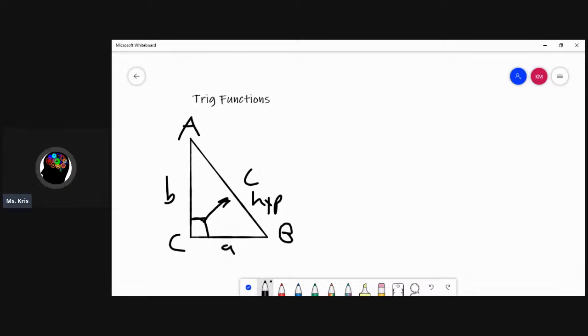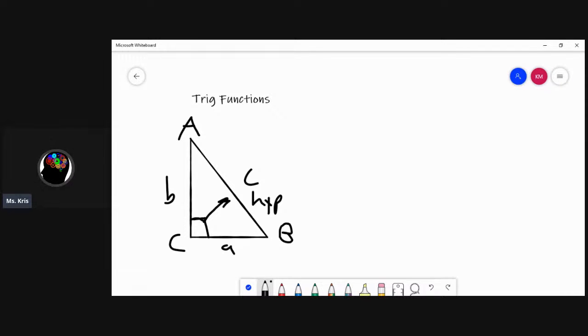So we're dealing with right triangles, and the hypotenuse is always the opposite side of the right angle. So we are going to look at the 6 trig functions as it relates to each other angle, meaning angle A and angle B.